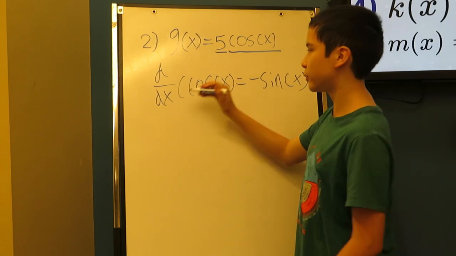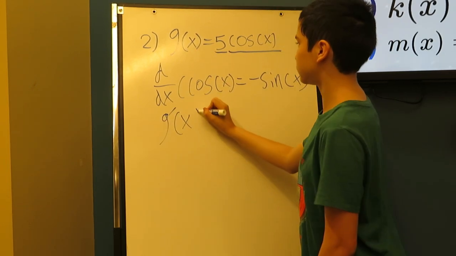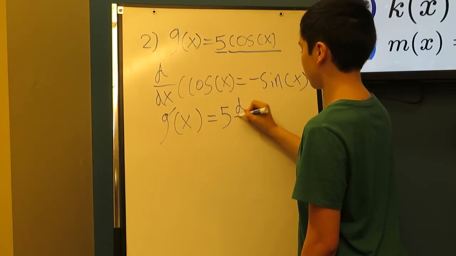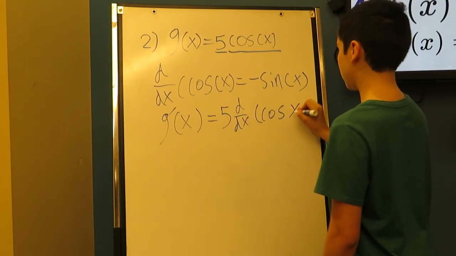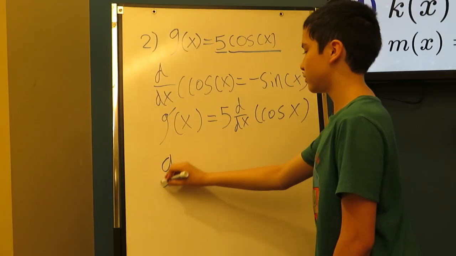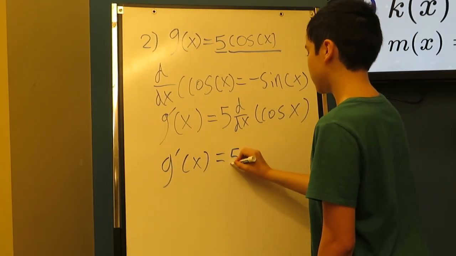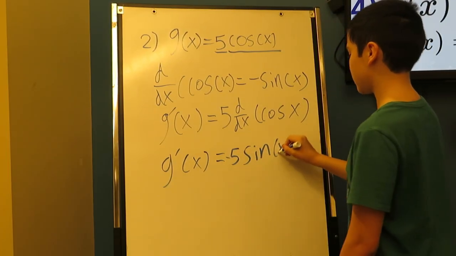We just take the constant out and now differentiating, we get the derivative of g of x equals negative 5 times sine of x.